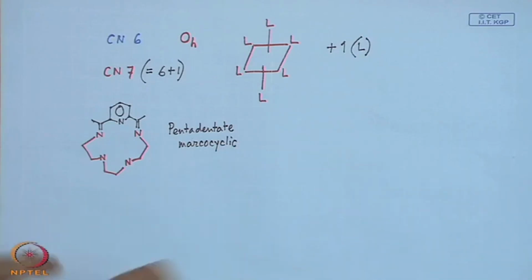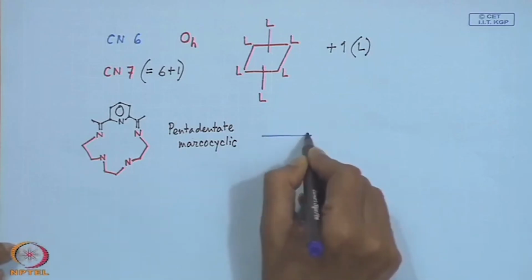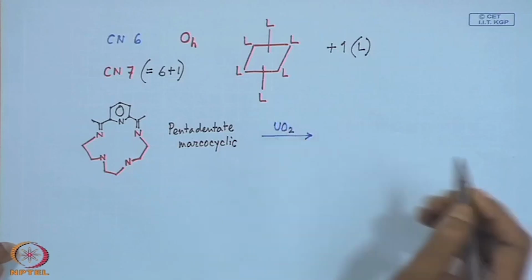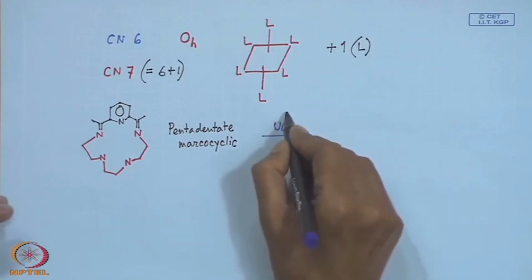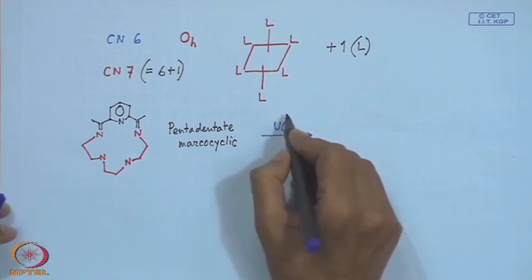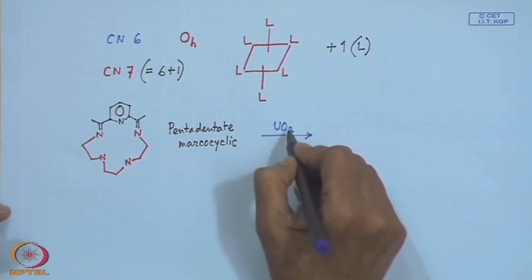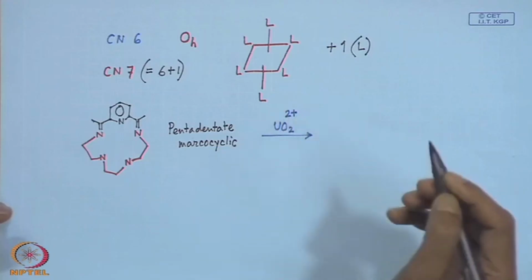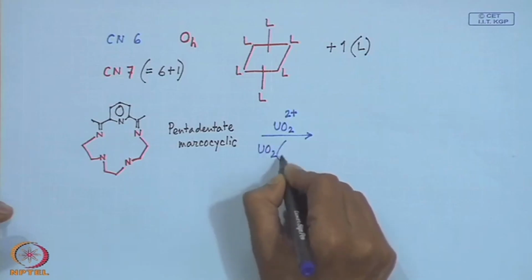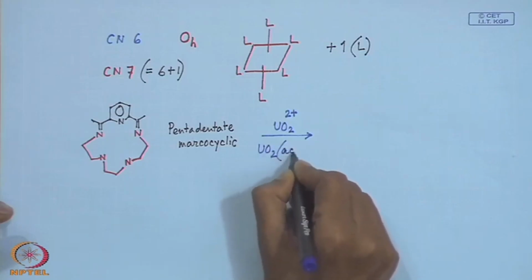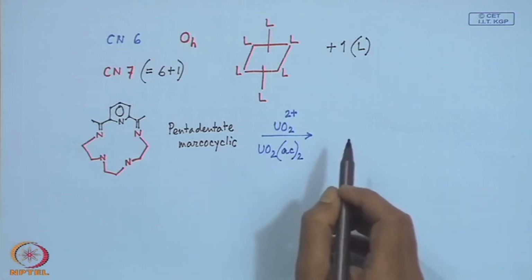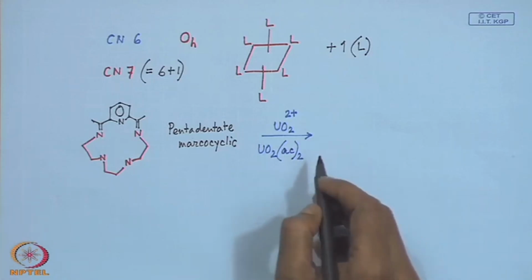So, this pentadentate macrocyclic ligand, when it is reacting with UO2 type of metal center, so it is UO2 2 plus, it can be uranyl acetate also. Uranyl acetate is a well-known starting material we use in the laboratory also.